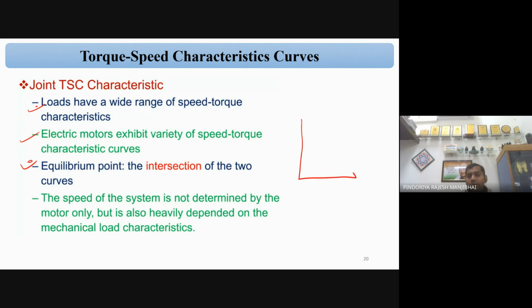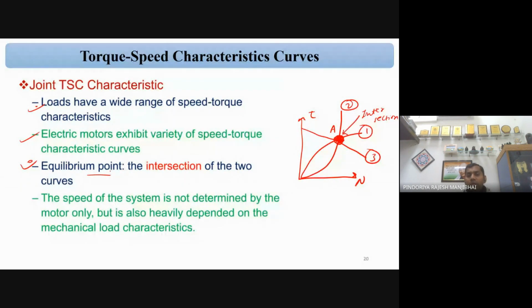Suppose this is your speed-torque characteristic, this is speed and this is torque. Maybe this is one graph, this is a second graph, and this is your third graph, correct? So this is your intersection point, and maybe we can name it A. This intersection point is called the equilibrium point.